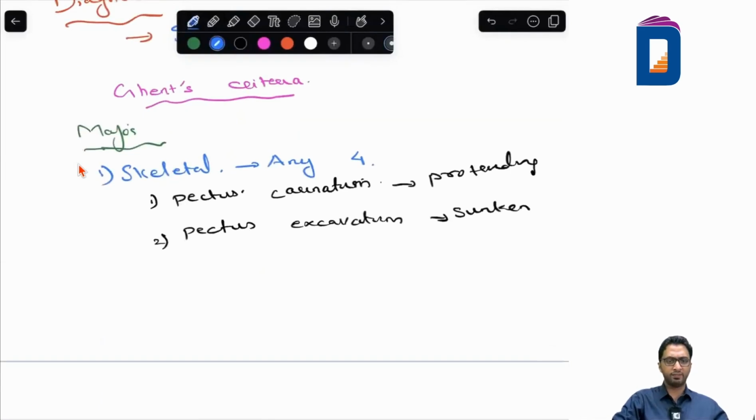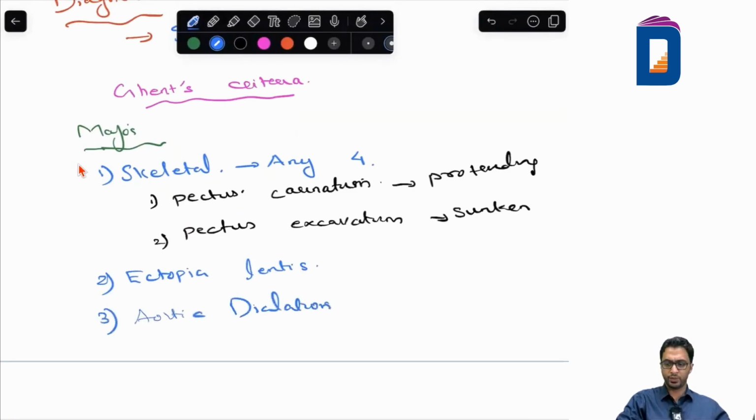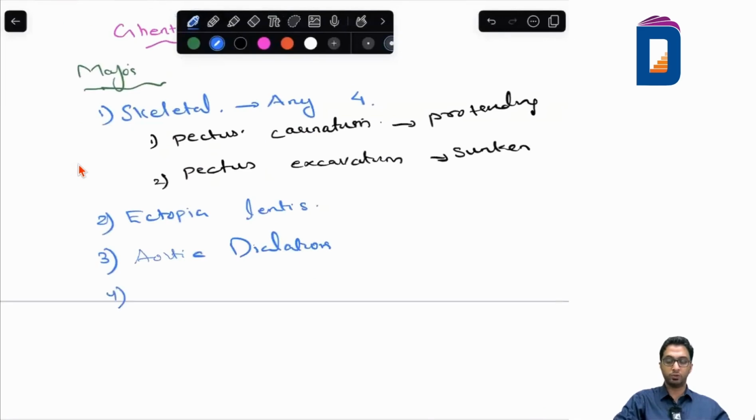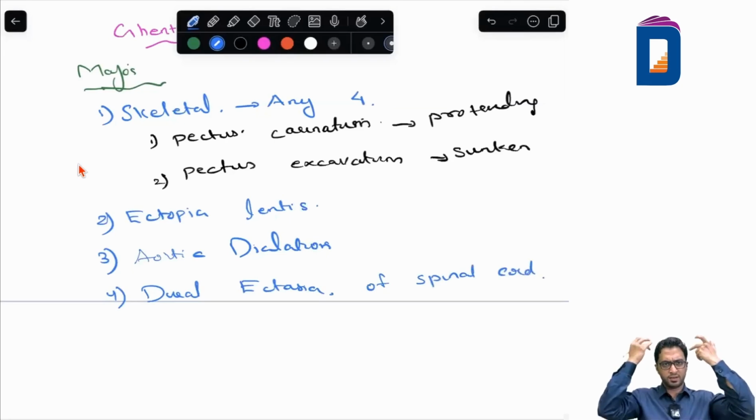Now, second major criteria, we already said, is ectopia lentis. The lens gets displaced or dislocated. Third is your aortic dilatation, which is very important: dilatation or aneurysm or dissection, whatever you see. And finally, one more is dural ectasia, to be very specific, of the spinal cord. You know that there are meninges around the brain.